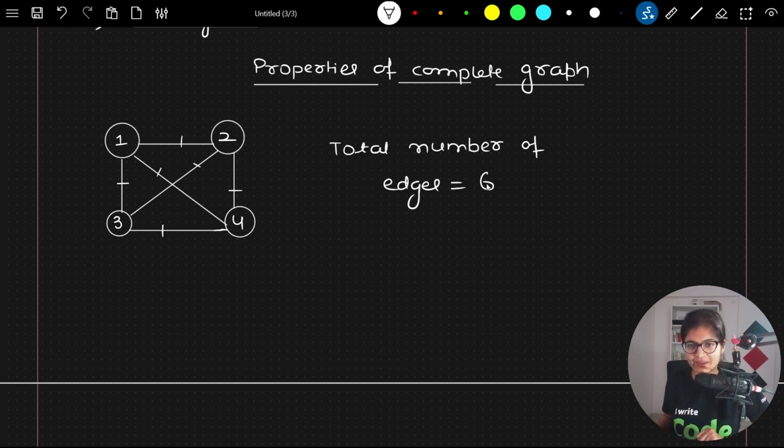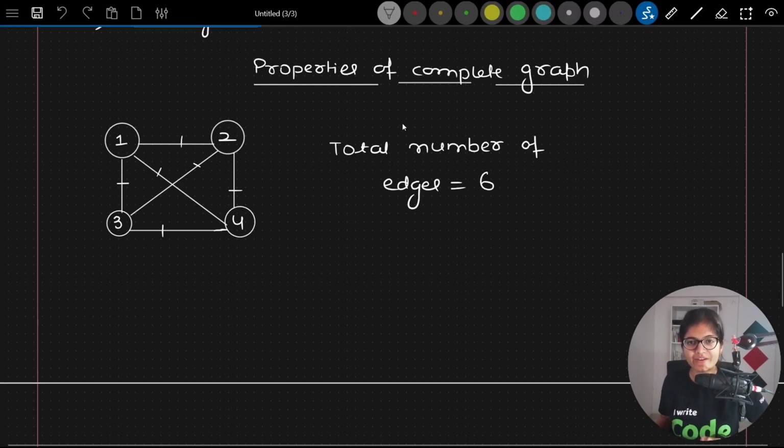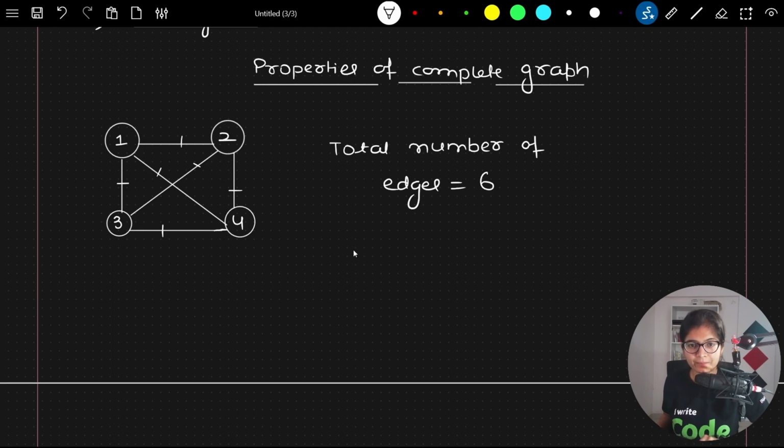So can I say that the total number of edges will be equal to 6? How is it coming out to be 6? The formula to calculate the number of edges in a complete graph is n into n minus 1 divided by 2.